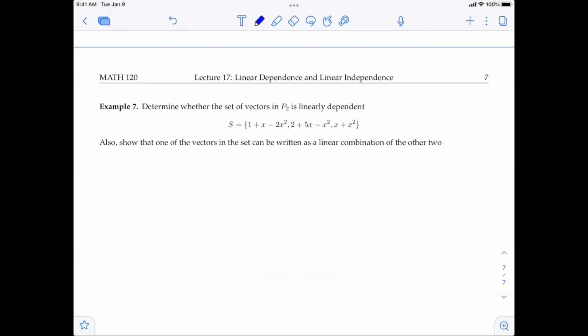The set consists of 3 vectors: 1 plus x minus 2x squared, the second vector is 2 plus 5x minus x squared, and the last one is x plus x squared. We want to show that this set is linearly dependent, and we're going to use this information to rewrite one of the vectors in the set as a linear combination of the other 2 vectors.